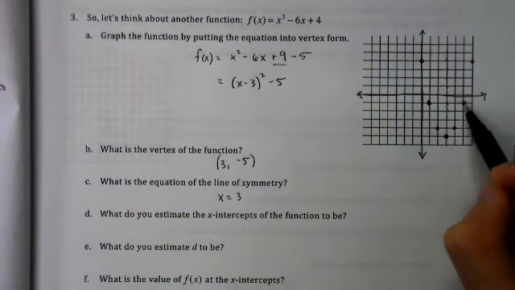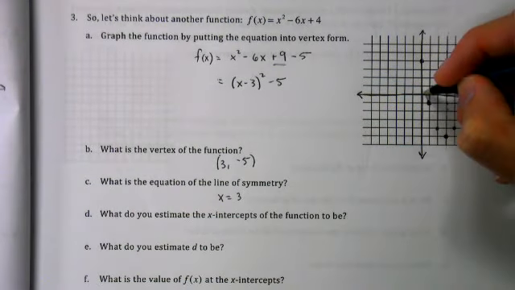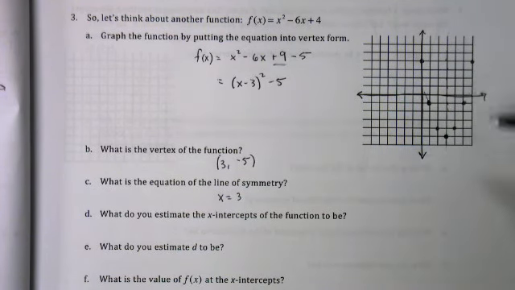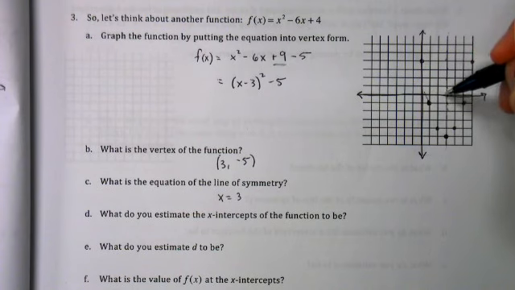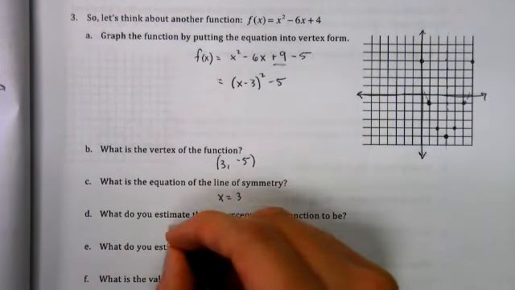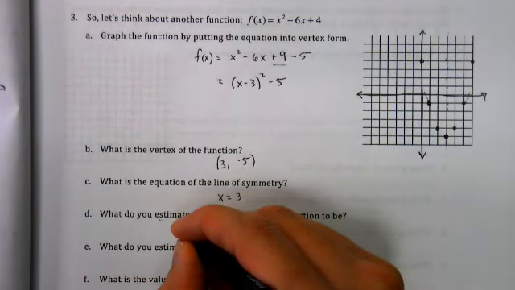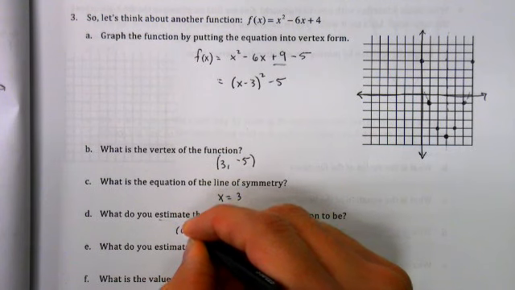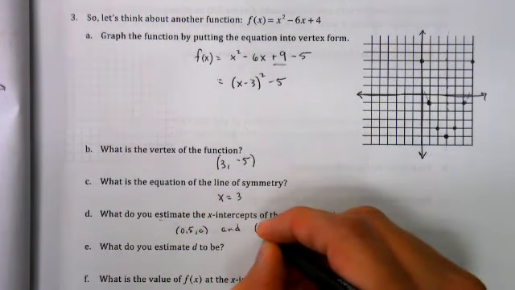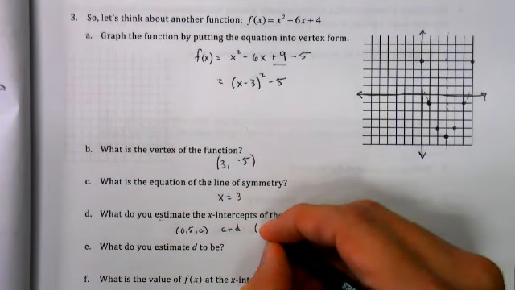Well, if we look, it's going to cross here, kind of between 0 and 1, and it's going to cross between 5 and 6. So it says estimate, so I'm just going to do a rough estimate. I think it's going to be (0.5, 0), and between 5 and 6, I think it's (5.5, 0).